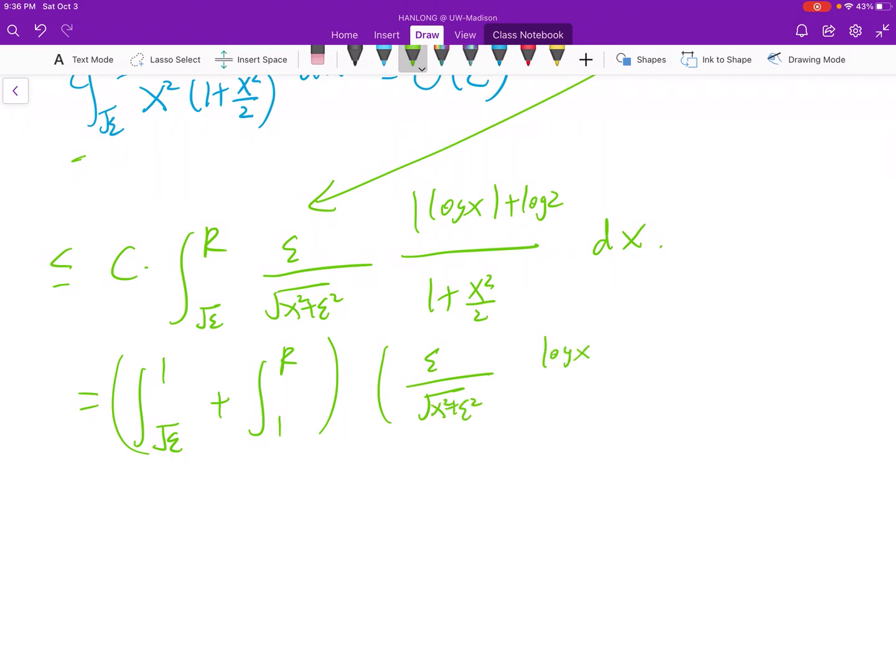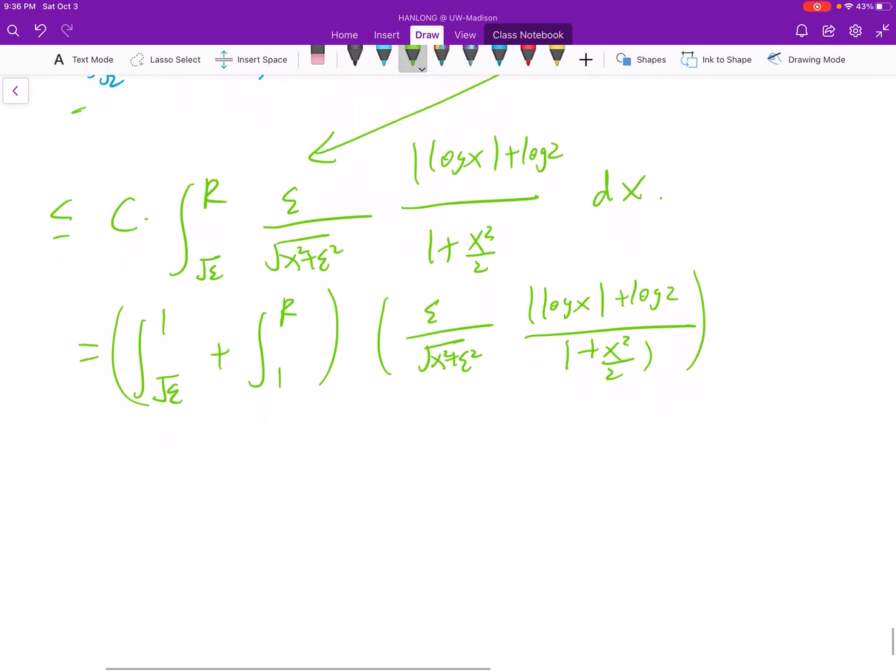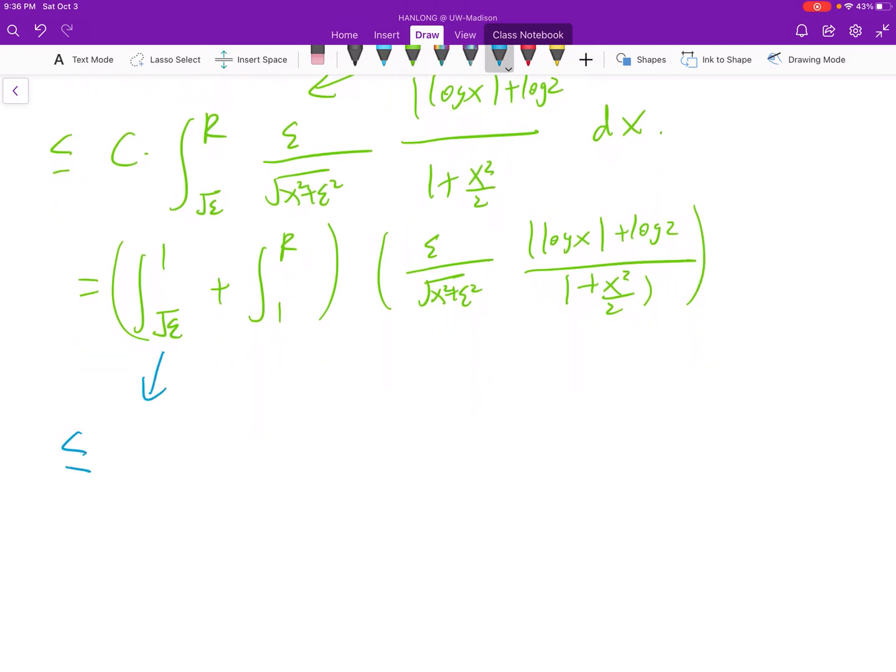And for the first subinterval, it's bounded by epsilon times the integration of 1 over square root x squared plus epsilon squared times a constant and the log x plus some constant dx.